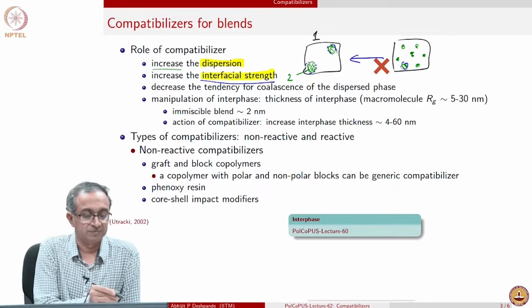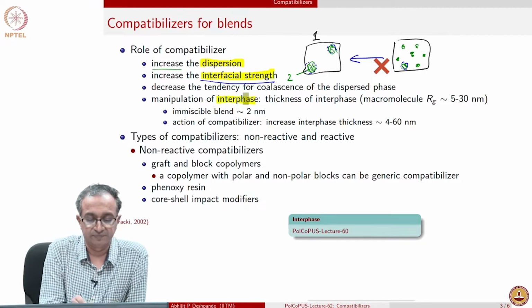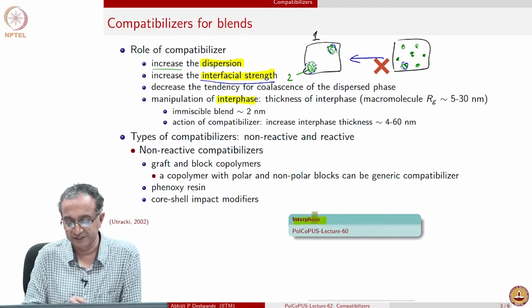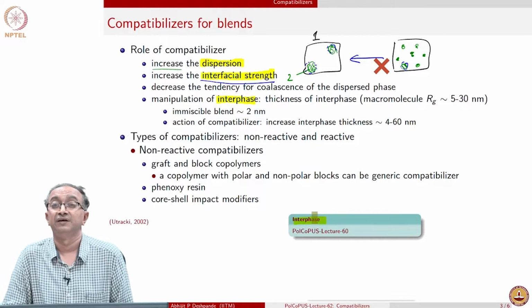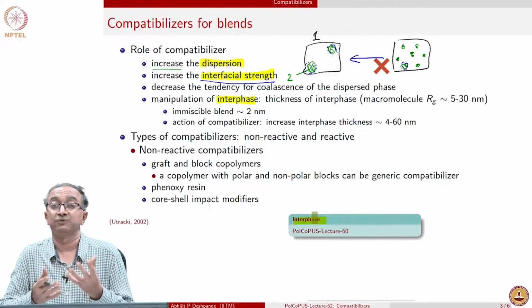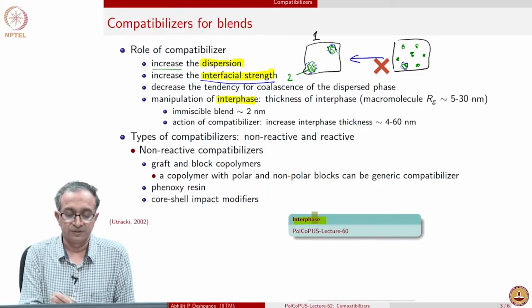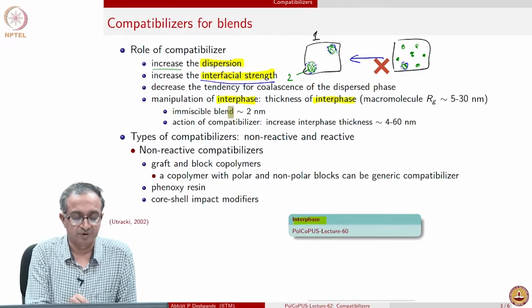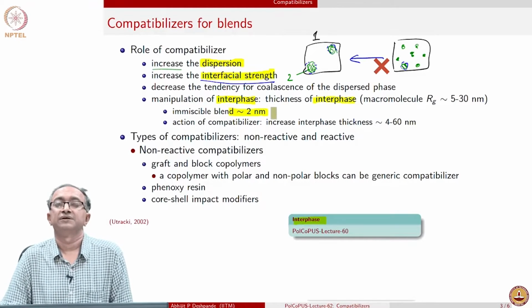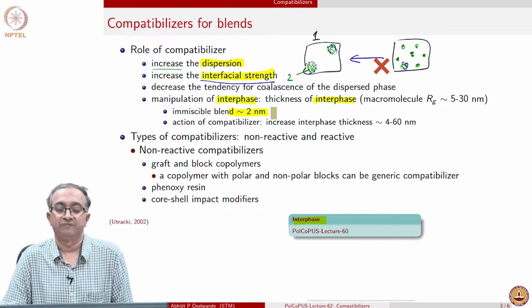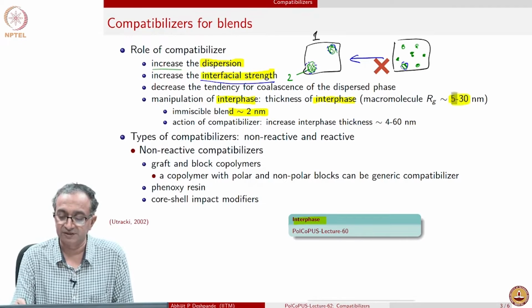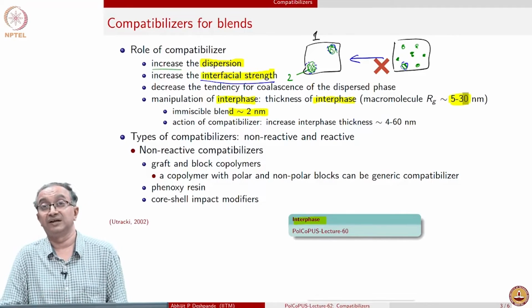Generally, this involves manipulation of the interface, and we have discussed this interface in the 60th lecture, where we were discussing macromolecules at interfaces. The thickness of the interface generally is about 2 nanometers between two immiscible phases or immiscible macromolecular systems. Now, if you look at the size of the macromolecule itself, that is sufficiently large.